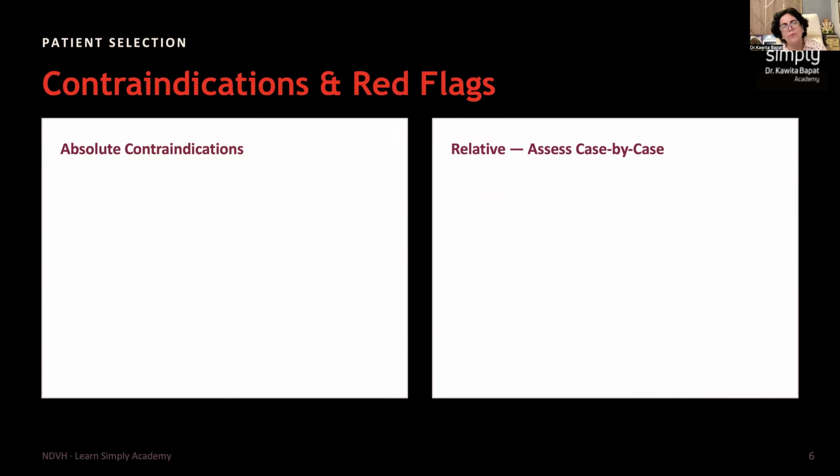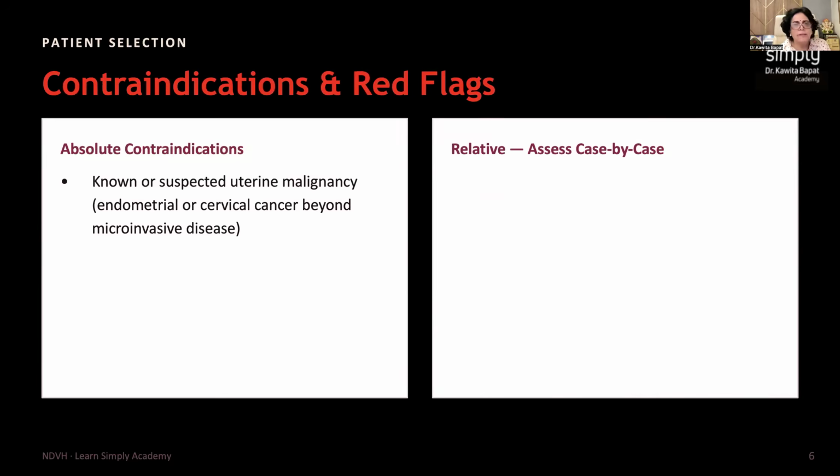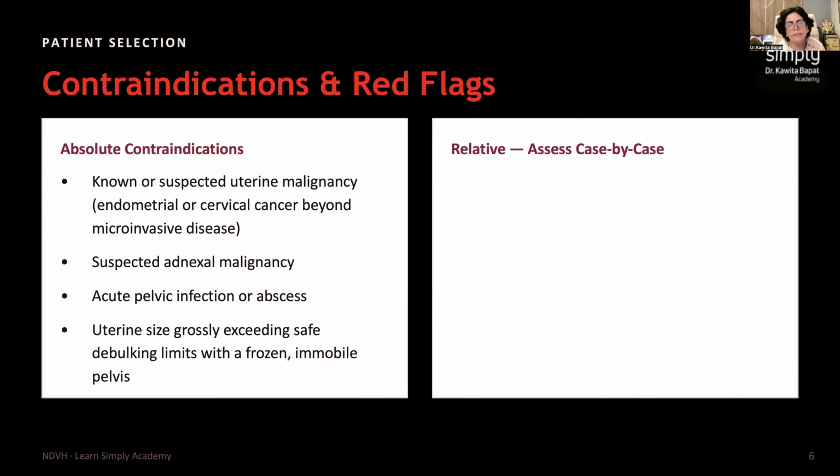Now, the contraindications and red flags. Previously, some absolute and relative contraindications have now become indications for non-descent hysterectomy. Absolute: known or suspected malignancy, adnexal malignancy, pelvic infection or abscess, and uterine size grossly exceeding the debulking limit, with an immobile pelvis.